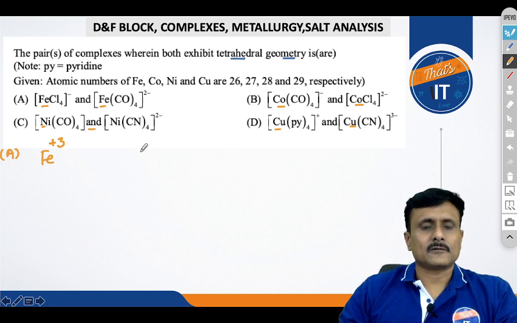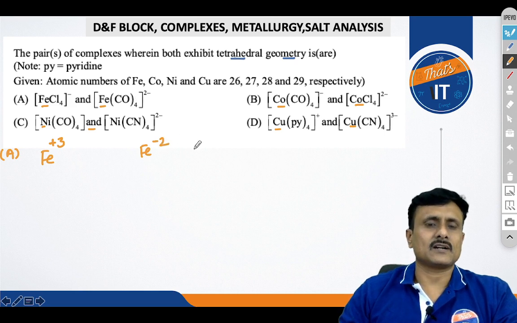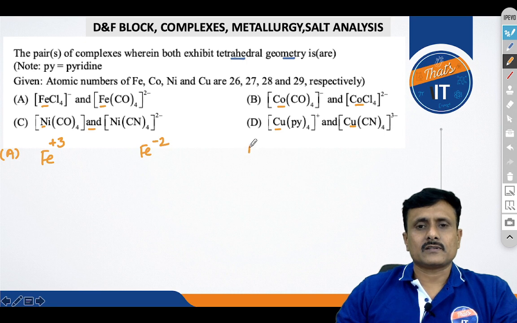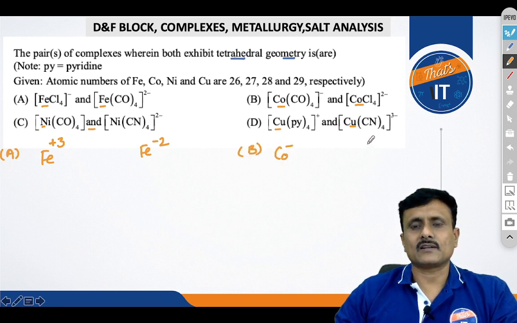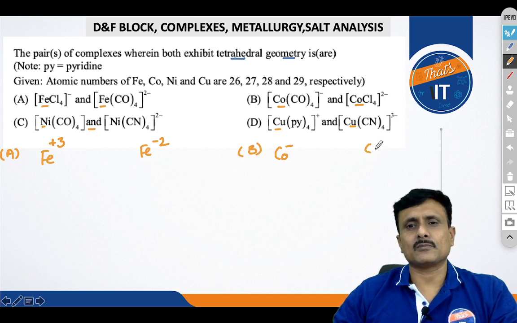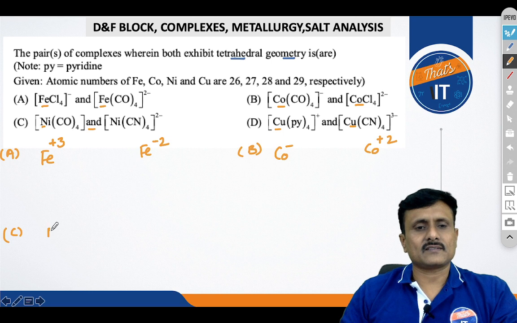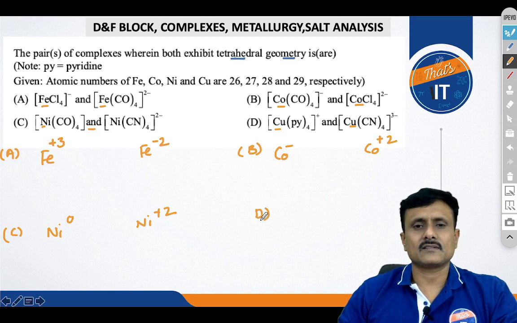In the second compound the oxidation state is -2 because carbonyl group is neutral. You can see in option B it is cobalt -1, and in option B the second compound is cobalt +2. Option C has nickel 0 and the other compound has nickel in +2 oxidation state.